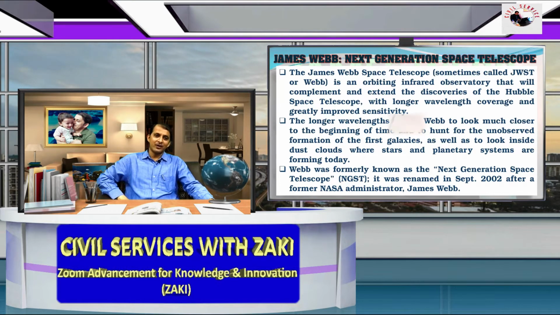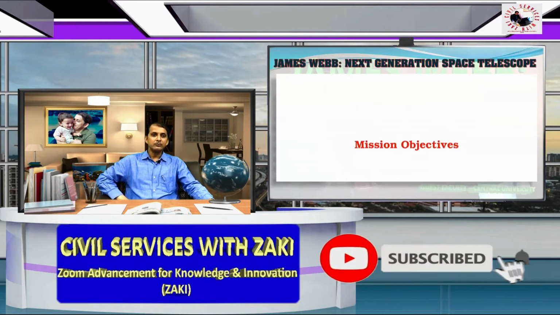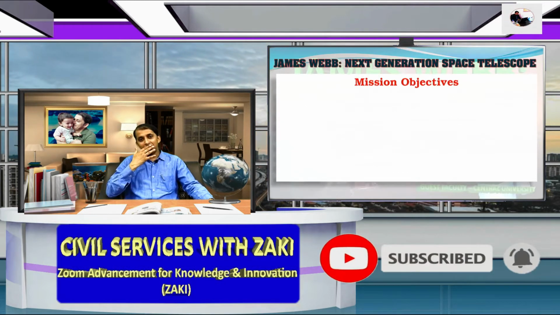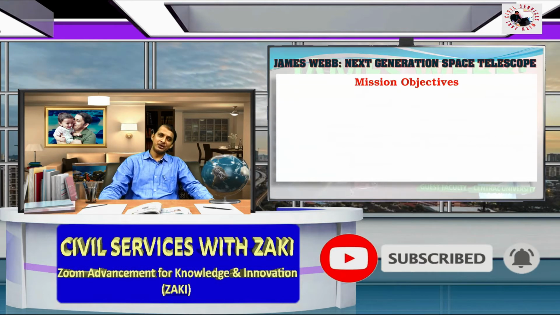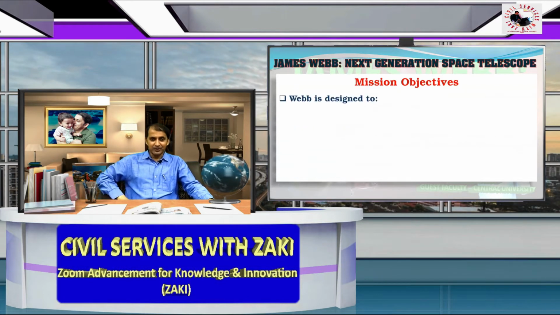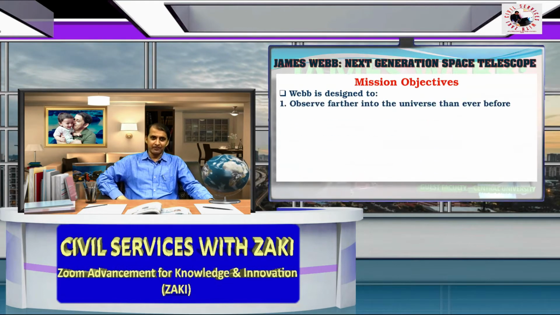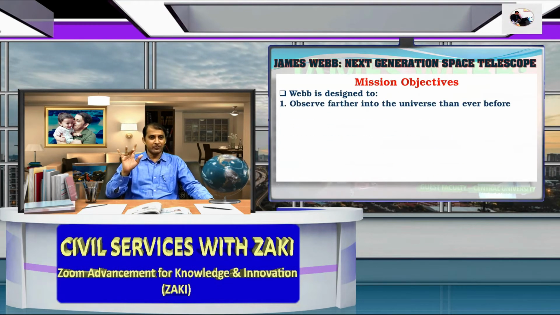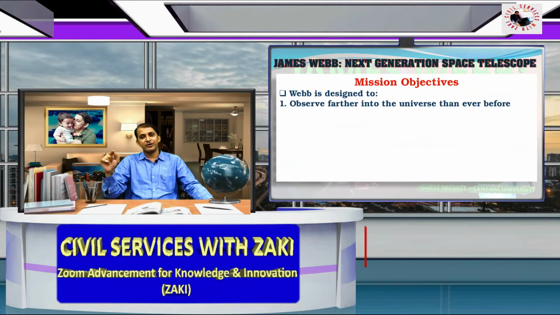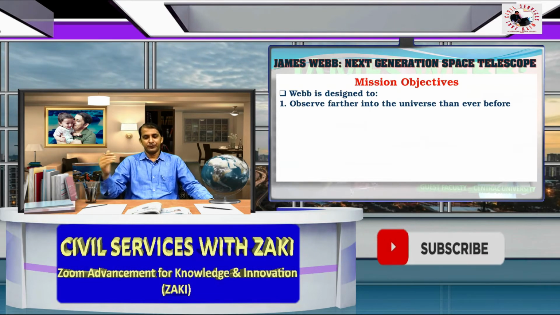So we move forward and see another thing. What are the objectives of the mission? Webb is designed for five objectives. Number one, observe farther into the universe than ever before.